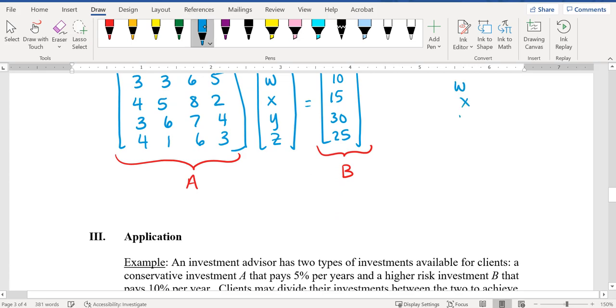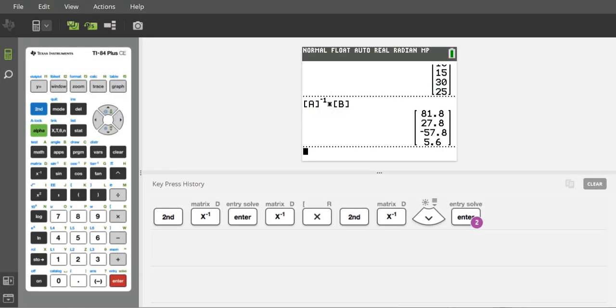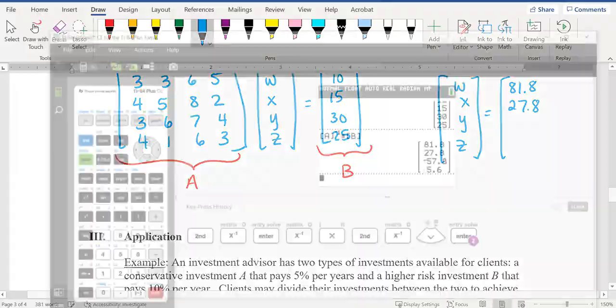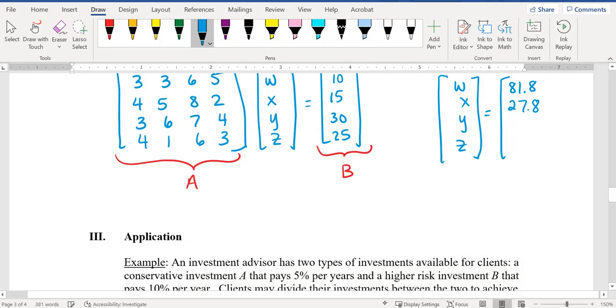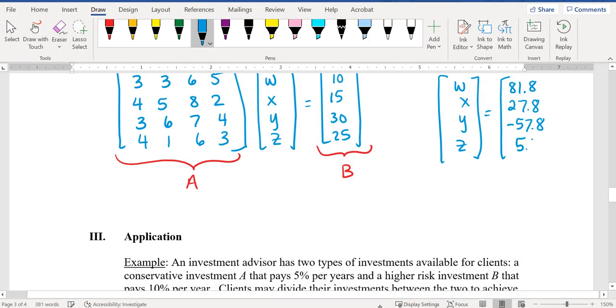So WXYZ will equal 81.8, 27.8, negative 57.8, and 5.6. There's the solution to that system.